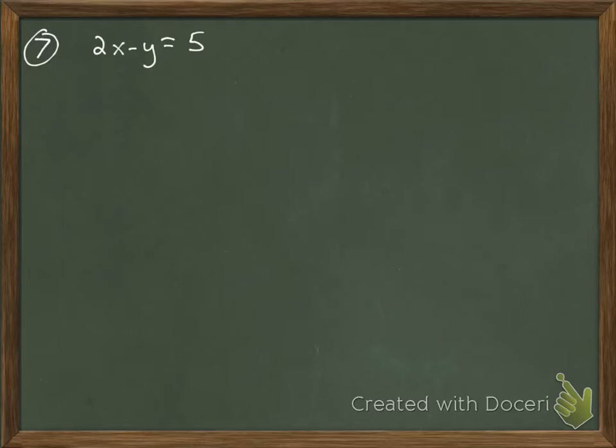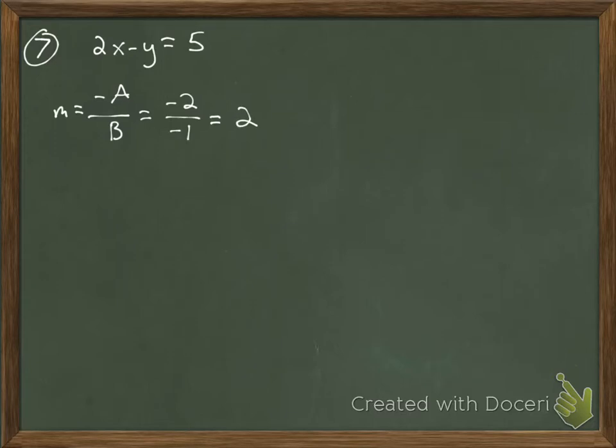What I would do on this one, since it's in standard form, ax plus by equals c, I would just do the formula m equals -a over b, which would be -2 over -1, which would be a slope of 2.